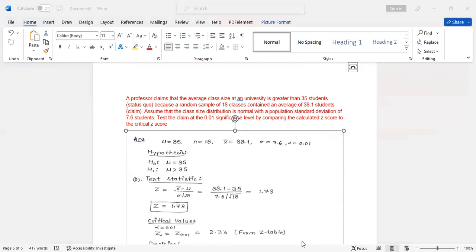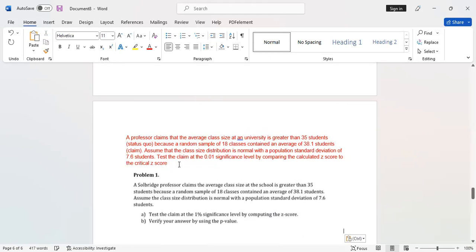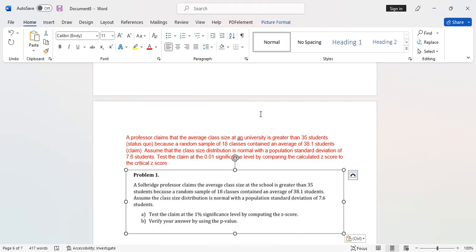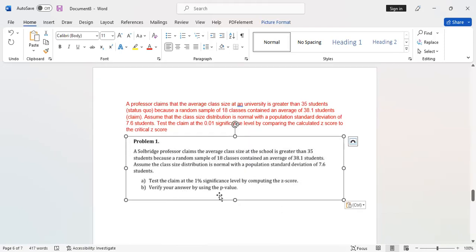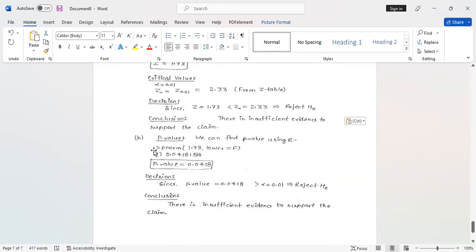The question says part B, verify your claim using the p-value. So that is why we are verifying with the p-value. We use 1.73.